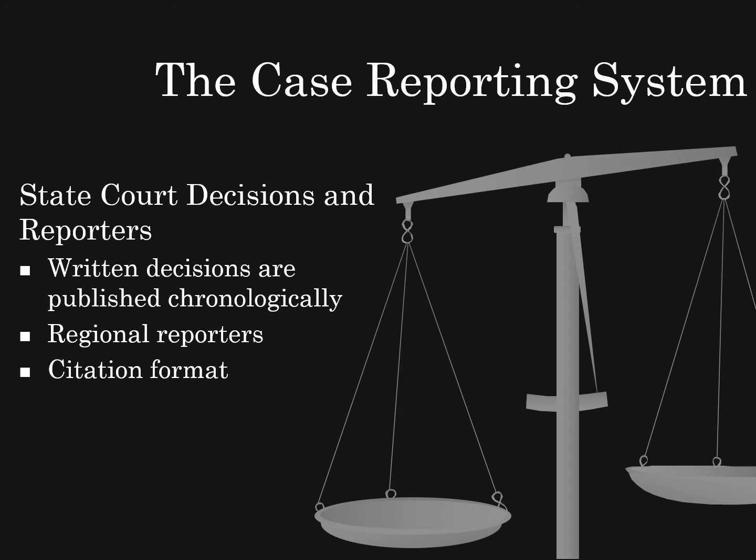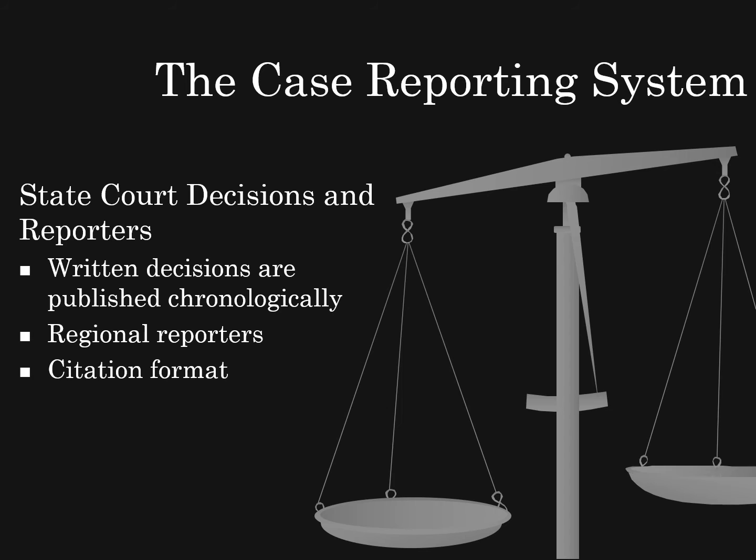State court decisions and reporters. First of all, case opinions get published in what are called reporters, and they get published chronologically. So a court decides a criminal case on Monday, and Tuesday they decide a case about contract law, and Wednesday they decide a case about a family law issue, and they get printed in the order that they're decided.